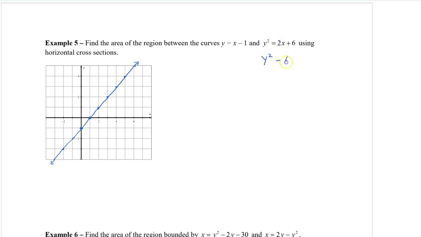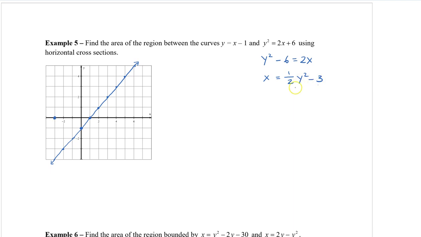So I'm going to go y squared minus 6 equals 2x, and then divide everything by 2. So I have x is equal to half y squared minus 3. So this is going to be a sideways parabola, and the vertex is going to be reversed as well. So this is our x, and this is our y. So this would be our h and k, so it'll be -3 and 0. So that will be here.